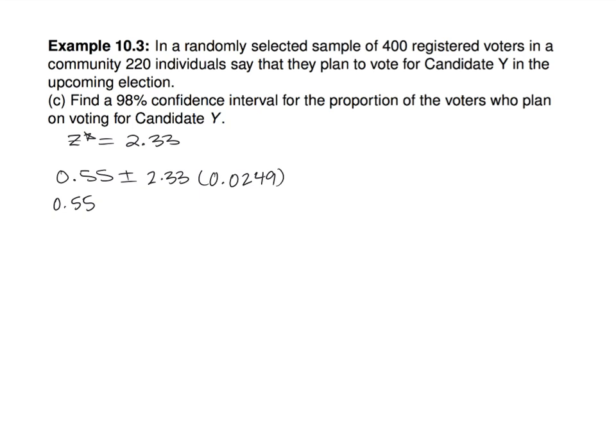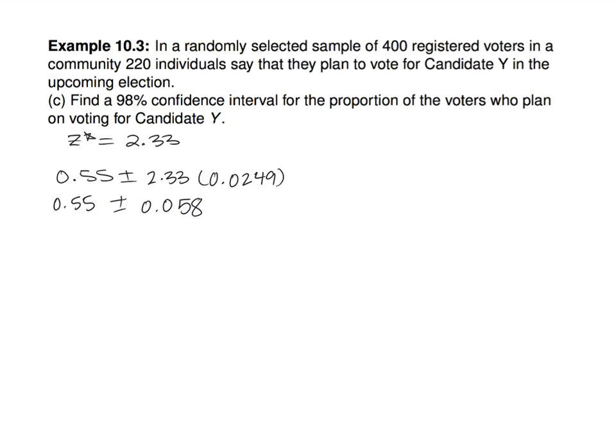So 0.55 plus or minus 2.33 times 0.0249, say 0.058, that's good enough.